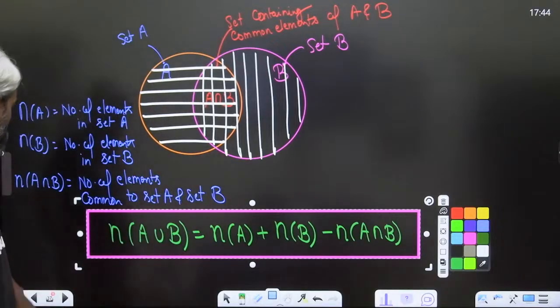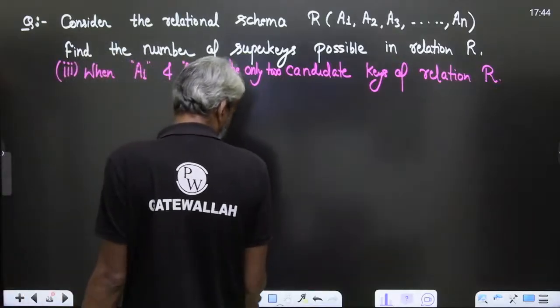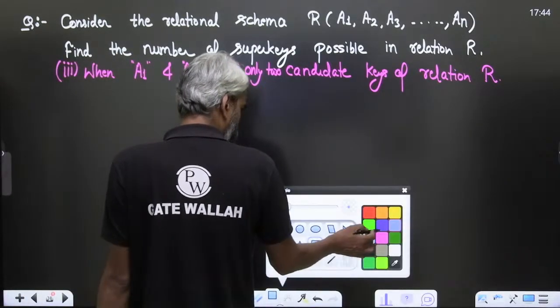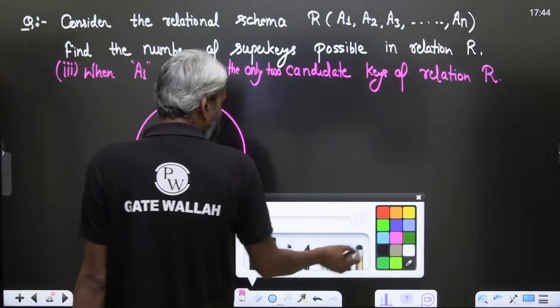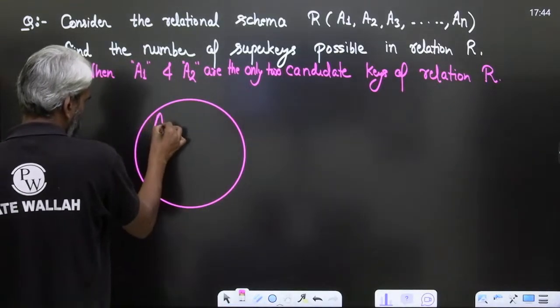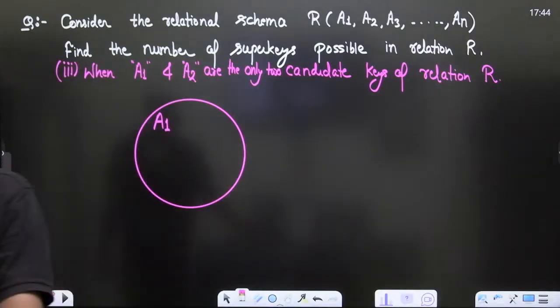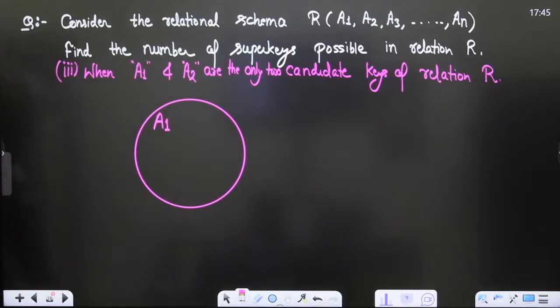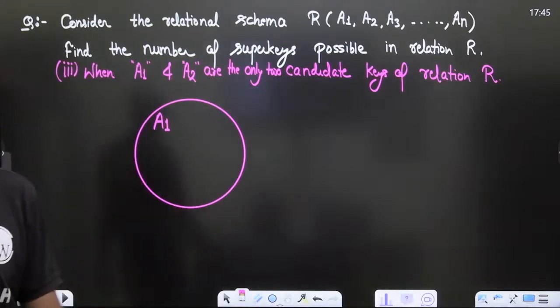Correct? So now try to solve this problem using this particular concept. Let's assume that these are the super keys that contain all the attributes of candidate key A1. Clear?